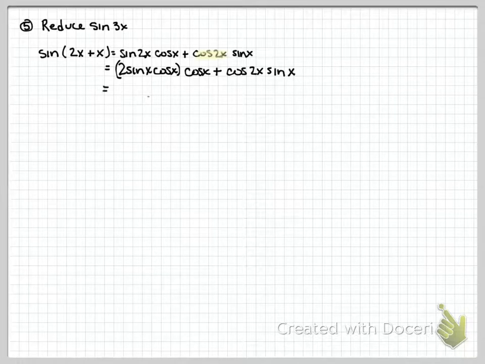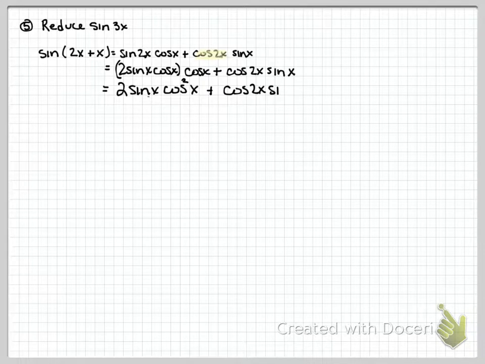Simplify the first part and I get 2 sine x cosine squared x plus the cosine of 2x sine x.